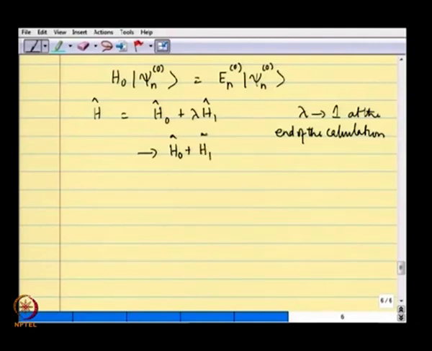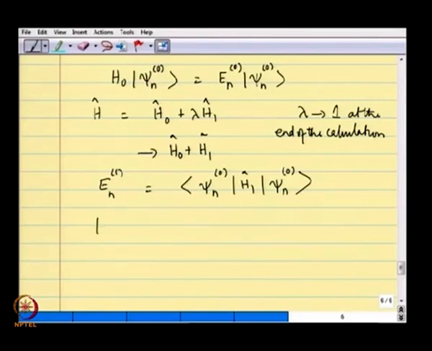And now we have done the two calculations with lambda and lambda square. The first order correction E n1 was given as the matrix element of psi n 0, H1, psi n 0.